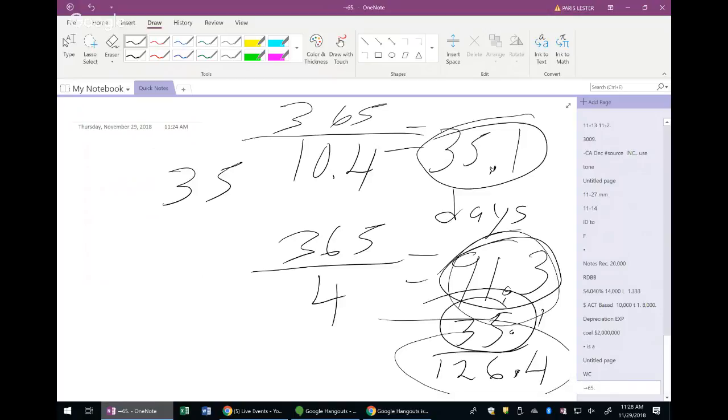Now, total asset turnover. Sales divided by average total assets. All right, I want you to go back to page 731. Now, this is about where we're starting today. I just reviewed what we did Tuesday. Total asset turnover.